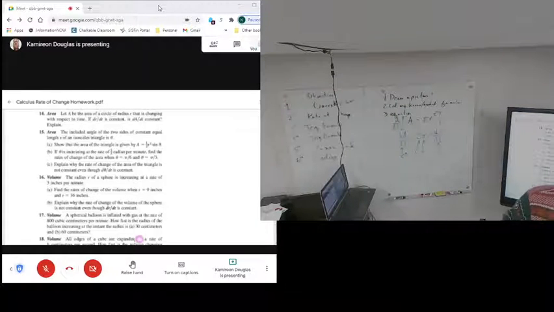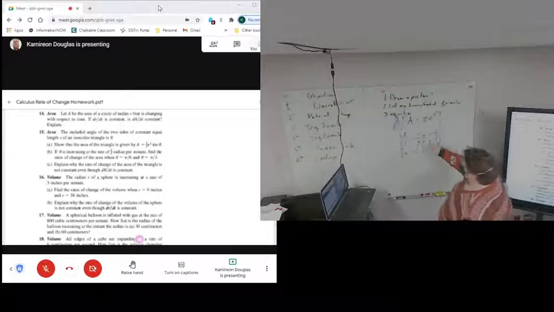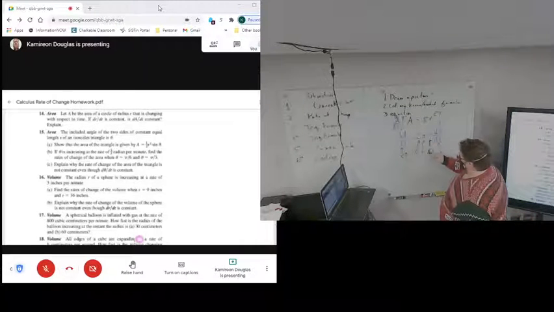Is r constant? Good question. Is there any indication in the problem? r is changing with respect to time. So is r constant? This one is not constant.